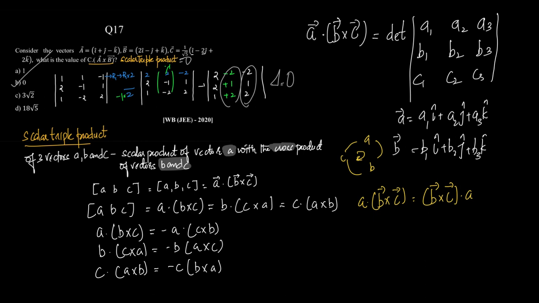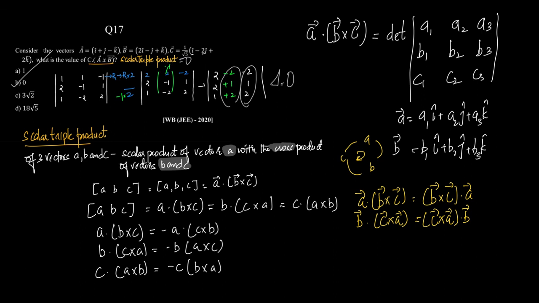The commutative property of scalar product is very clear to you, but I thought of adding this point also. So B dot C cross A would be equal to C cross A dot B. That is one more thing I wanted to add.